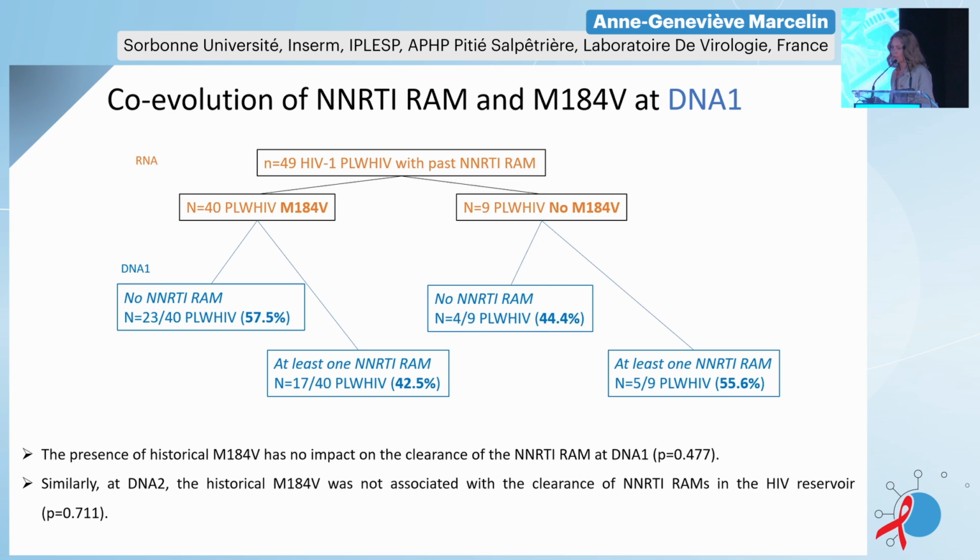So the presence of historical 184V does not seem to impact the clearance of the NNRTI-associated mutations at DNA1. And we observed the same results when we compared the results in DNA2, the second sample.